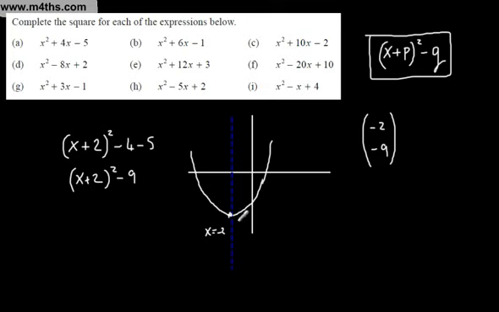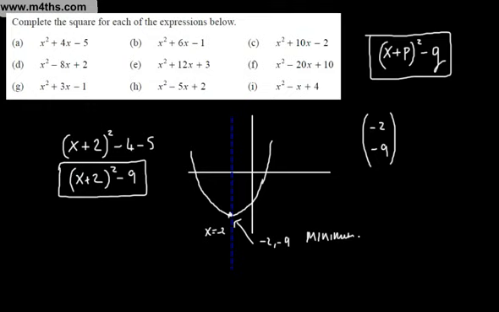It's symmetric around this point, and that point right there at minus 2, comma minus 9 is the minimum point on the graph. So by completing the square, we've just shown two graph transformations.